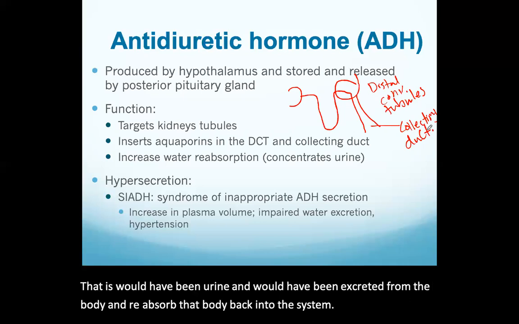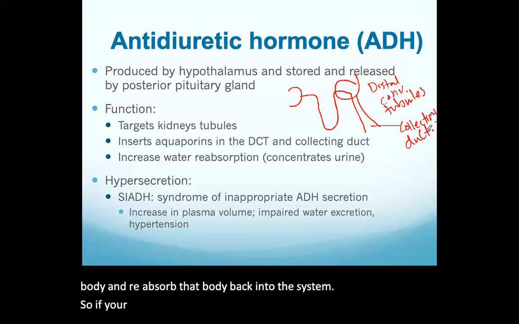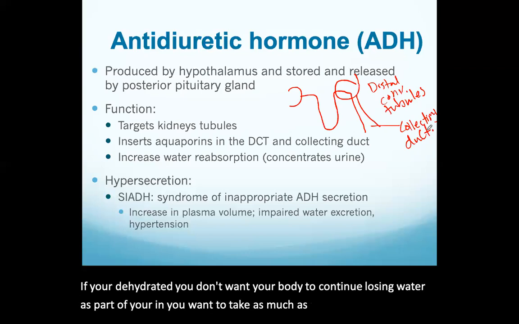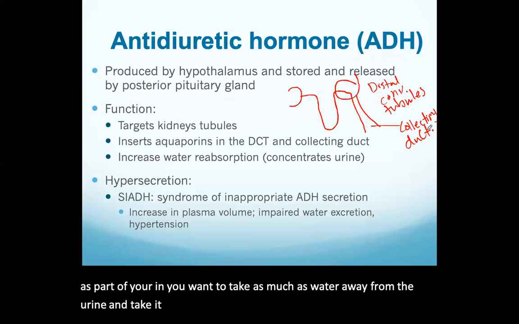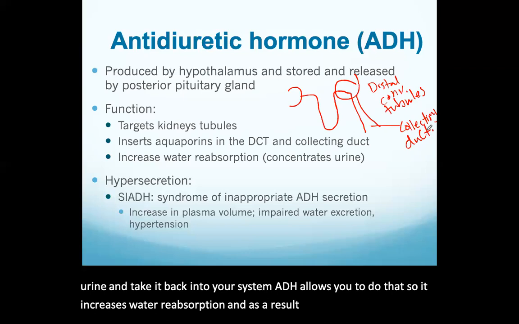If you're dehydrated, you don't want your body to continue losing water as part of urine. You want to take as much water away from the urine and take it back into your system. ADH allows you to do that. So it increases water reabsorption, and as a result creates a very concentrated urine sample.